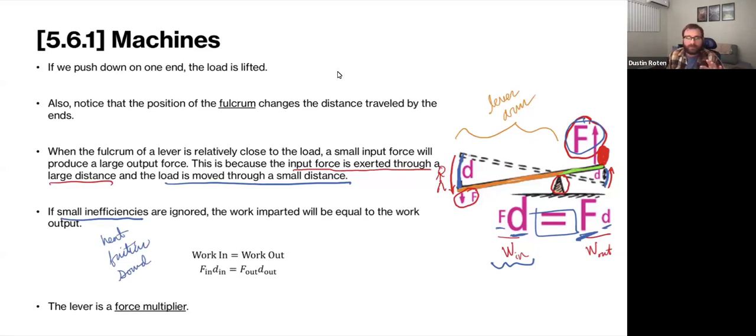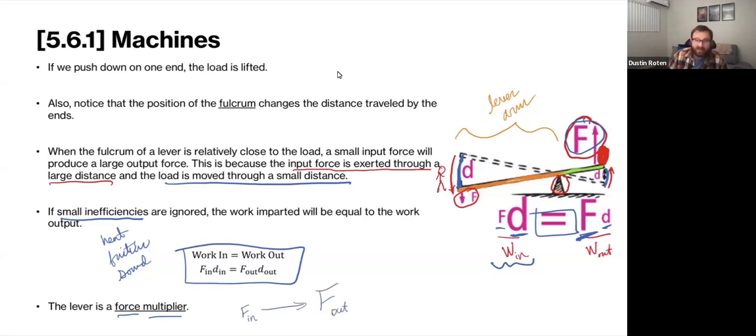So if we ignore all those things and say that we're not losing too much work from one end to the other, then this relationship will hold, okay? This means that the lever is a force multiplier. So if we have a little f going in, this is going to be giant F coming out.